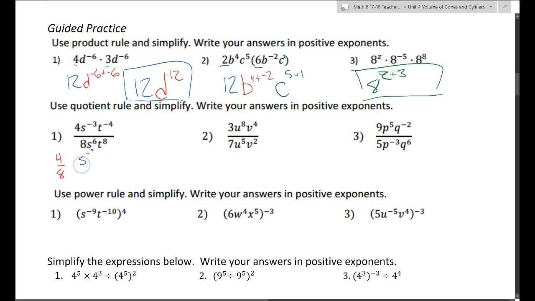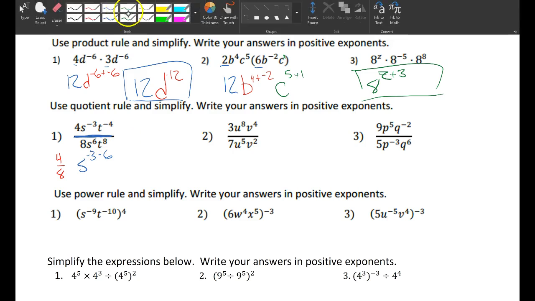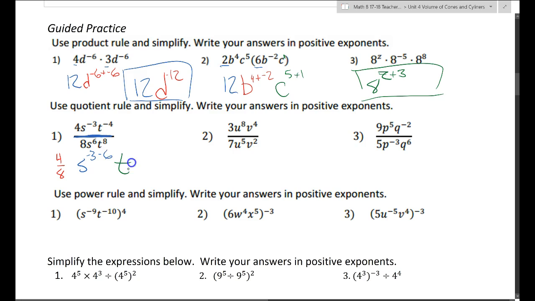So I have s to the negative 3 over s to the 6th, which I don't actually want to write that way though. I'm going to write it as s to the negative 3 minus 6 because I have a division, which means I'm going to subtract. And then in green, I'm going to say t to the negative 4 minus 8.